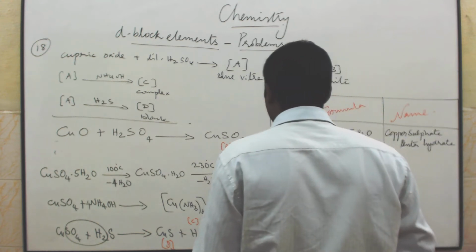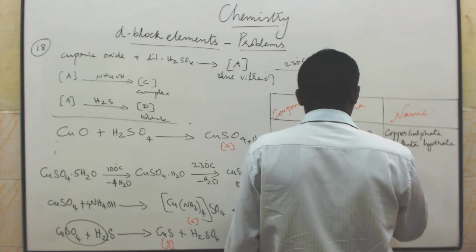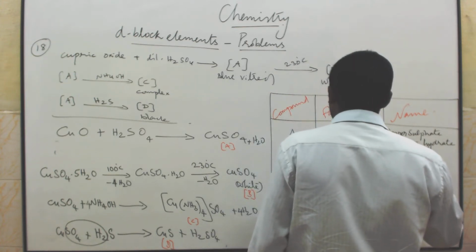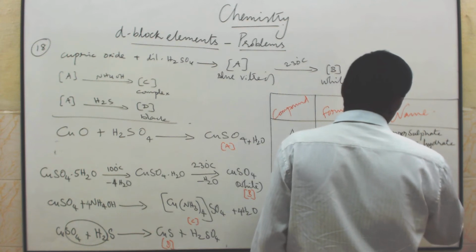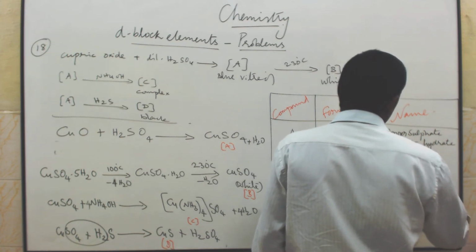Then B, that is copper sulfate, actually that is white in color, so that is anhydrous copper sulfate.